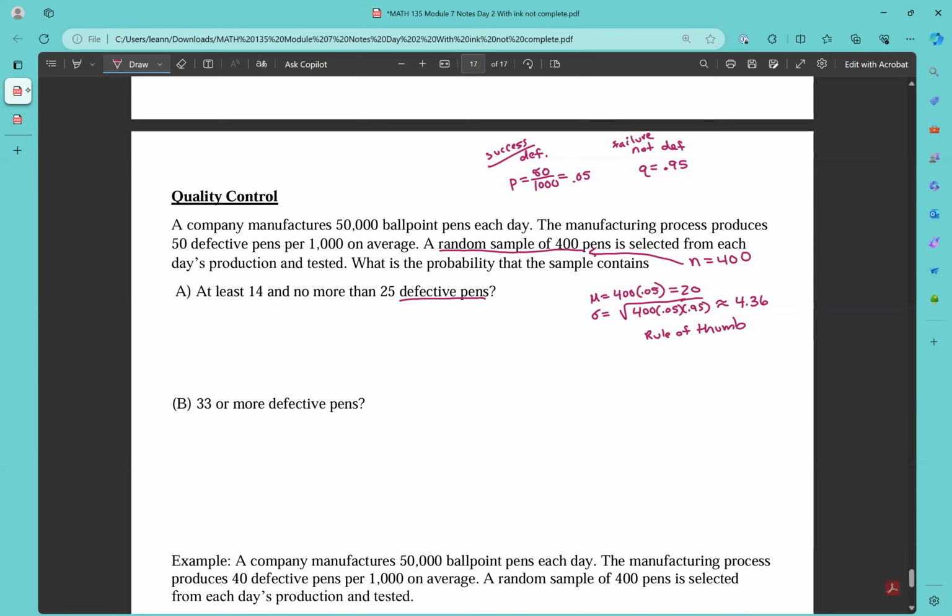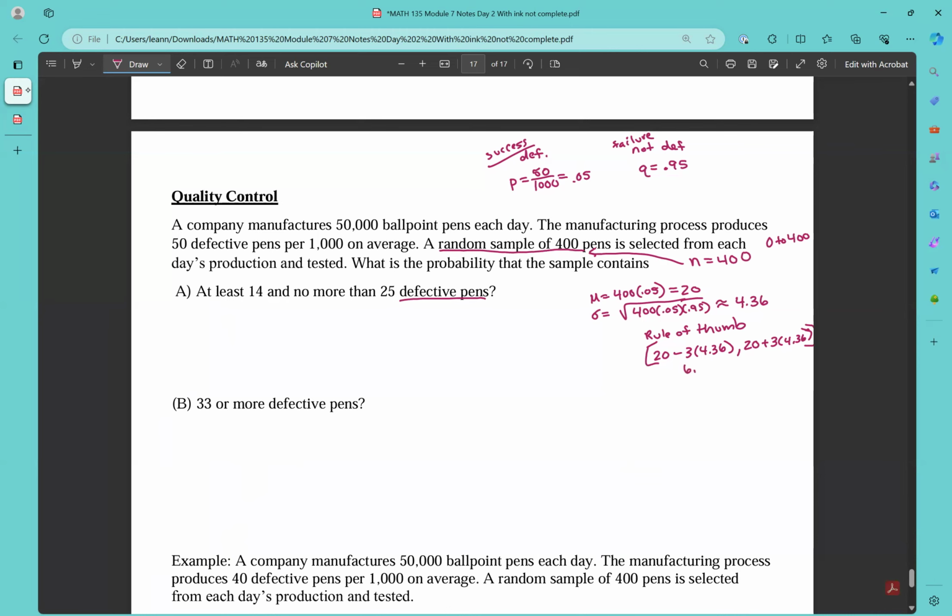So rule of thumb, remember, you take your mean minus 3 standard deviations to the mean plus 3 standard deviations. And as long as this interval is between 0 and n, so 0 to 400, we can use the normal distribution.